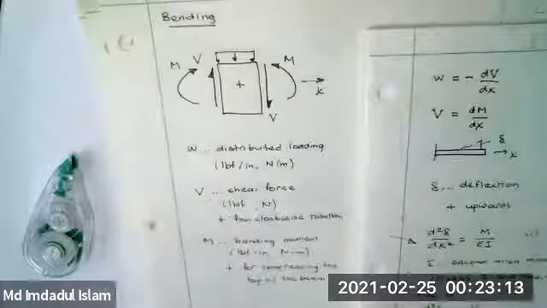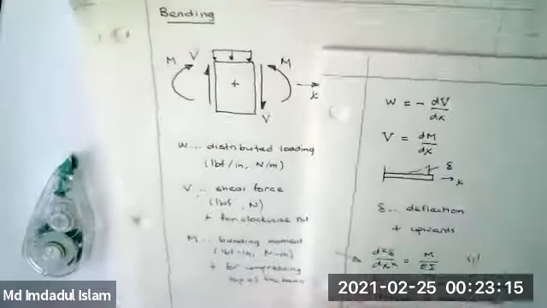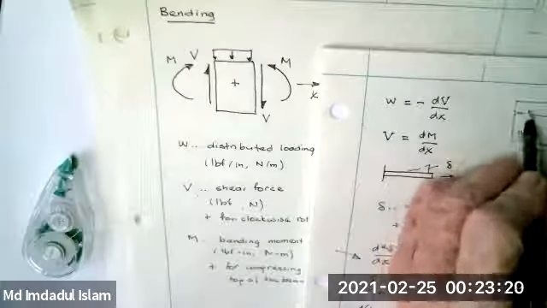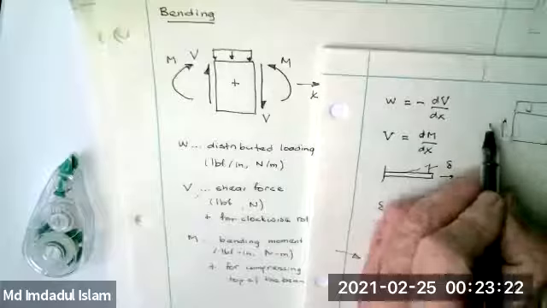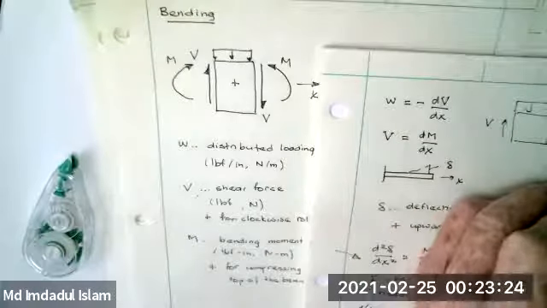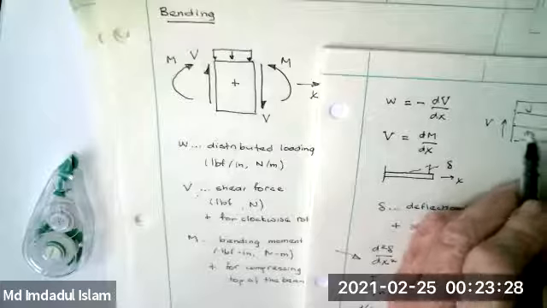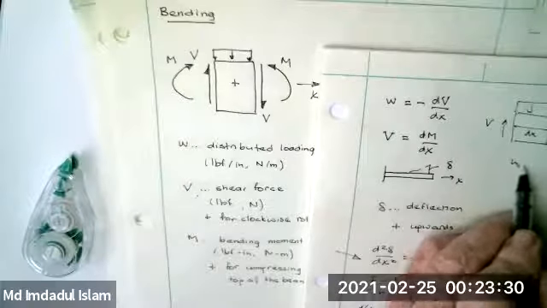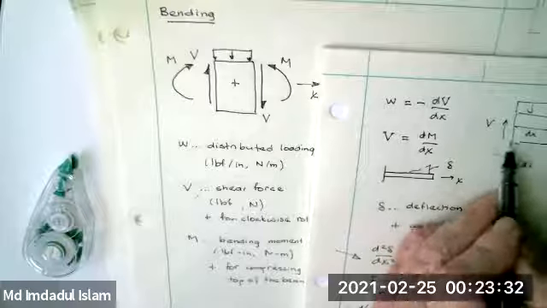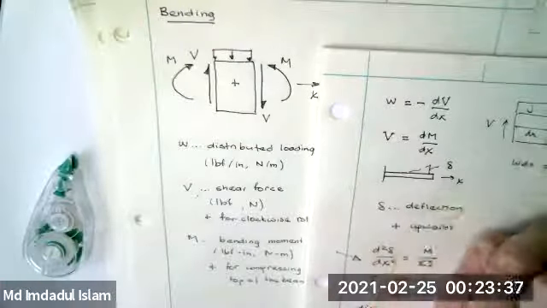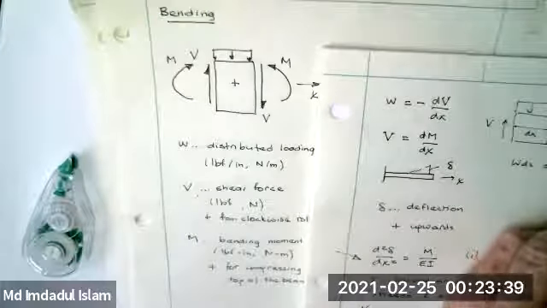What you do is you let V vary for a small element dx. Then the force down would be w dx, and that would be equal to the force up. That would be V minus V plus dV.